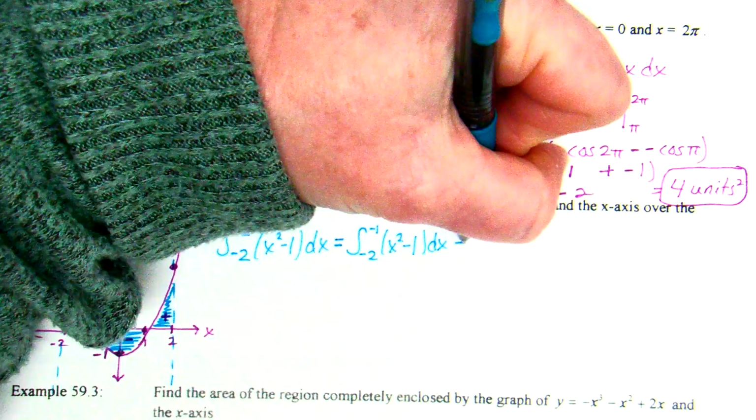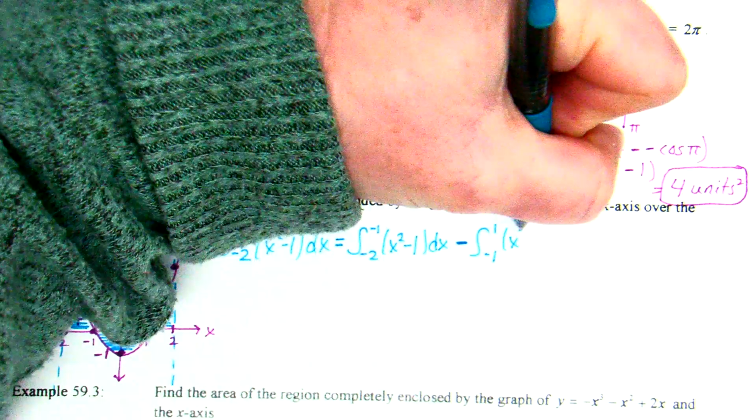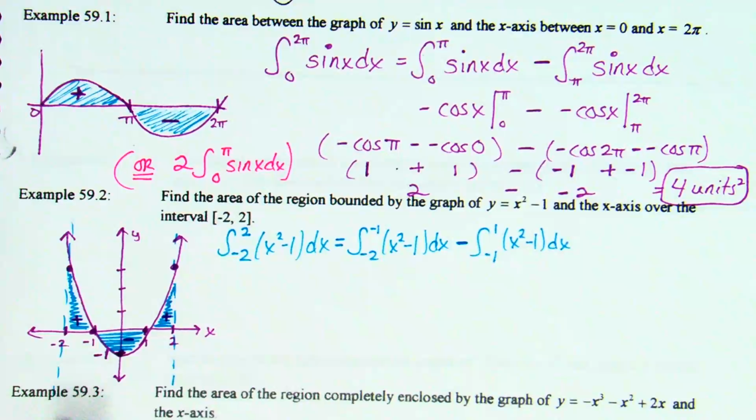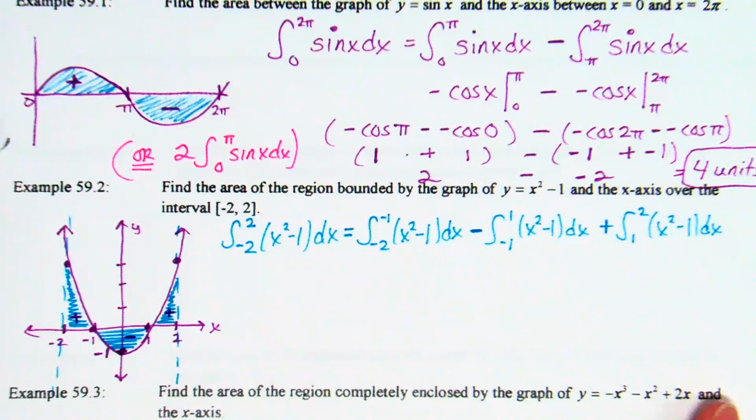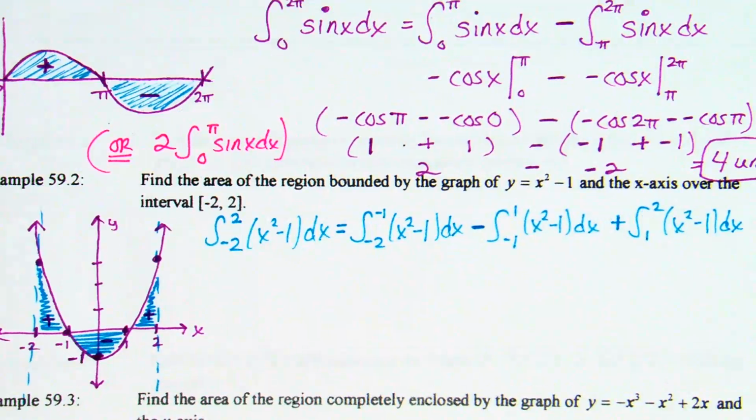Because it's underneath, we're going to subtract the integral from -1 to 1 of x squared minus 1 dx. And then what's my third piece? From 1 to 2. It's above, so I'm adding it. So I'm adding the integral from 1 to 2 of x squared minus 1 dx. Now that's writing it out the long way. Okay?